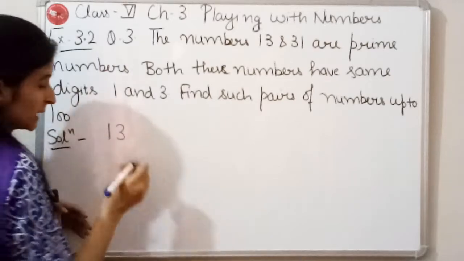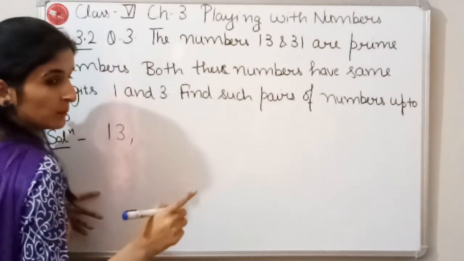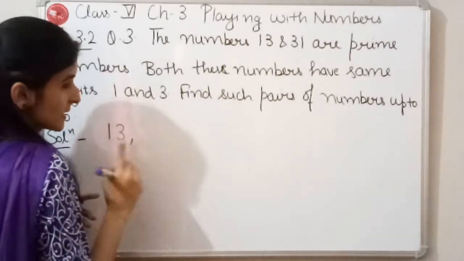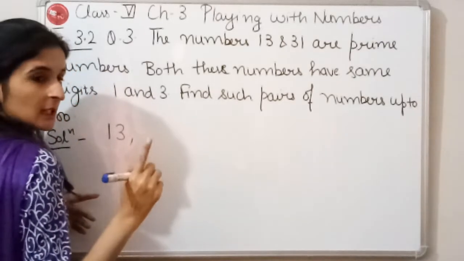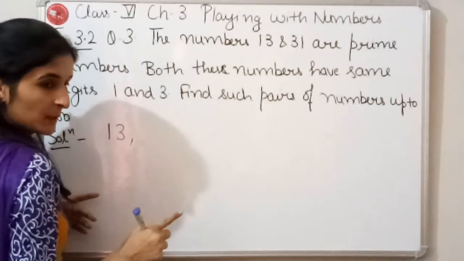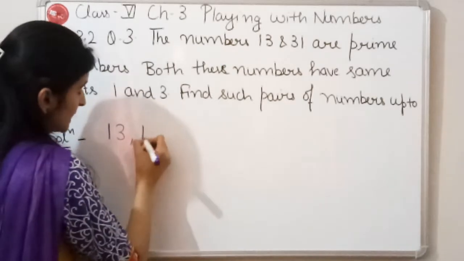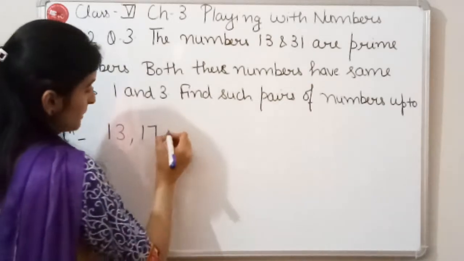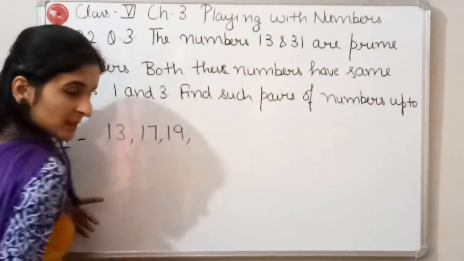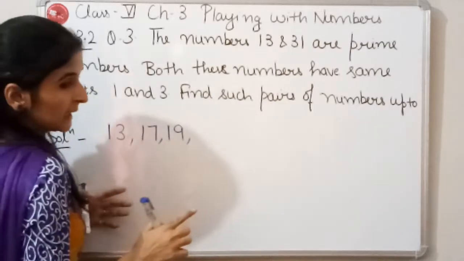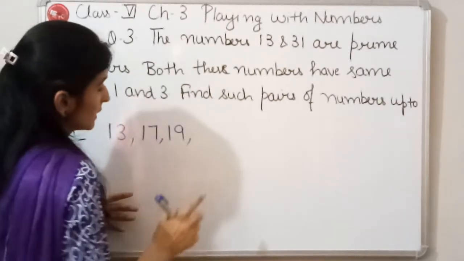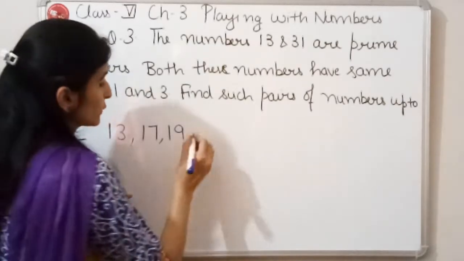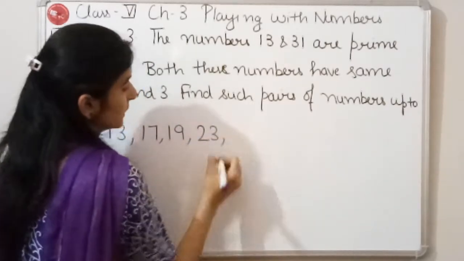13. After 13, 14 is not a prime number because it is divisible by 7. 15 is not a prime number. 16 is not a prime number. 17 is a prime number. Then 18 is not a prime number. 19 is a prime number. 20 is not a prime number. 21 is not a prime number. 22 is not, 23 is a prime number.